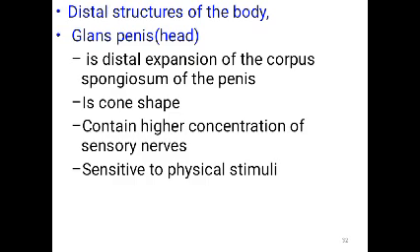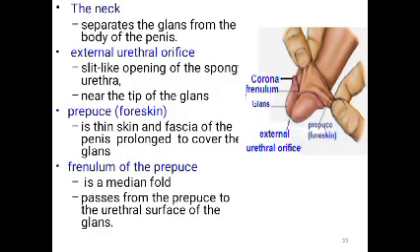Distal structures of the body: the glans, or penis head, is a distal expansion of the corpus spongiosum of the penis. It is cone shaped and contains a higher concentration of sensory nerves, sensitive to physical stimuli. The neck separates the glans from the body of the penis.